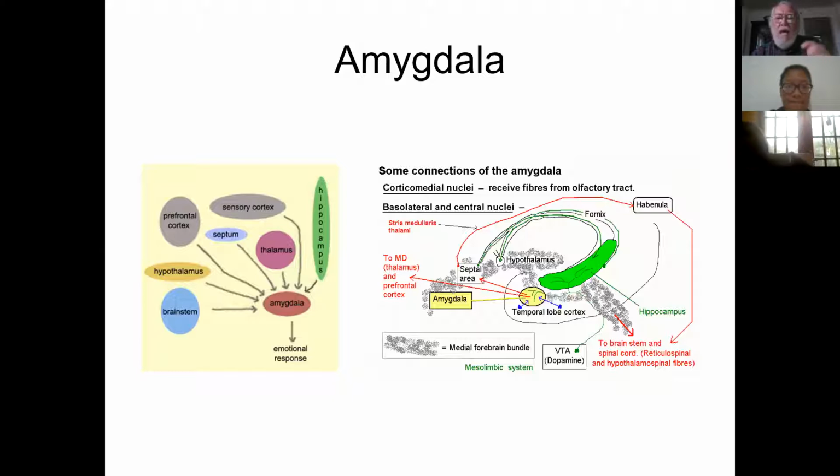Then we have the basolateral nuclei that are receiving enormous numbers of inputs from many of these other areas that you see here on the left: the hippocampus, the sensory cortex, the thalamus, the septum, the prefrontal cortex, hypothalamus, and brainstem. They sort of filter through the basolateral nuclei, and then the basolateral nuclei synapse into the central nuclei.